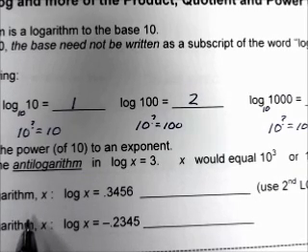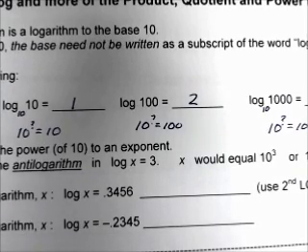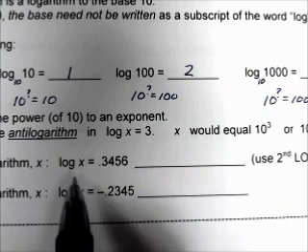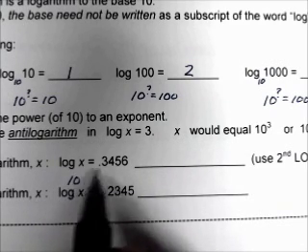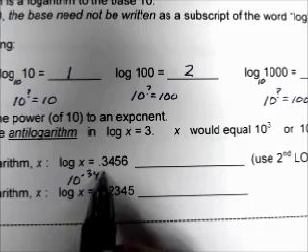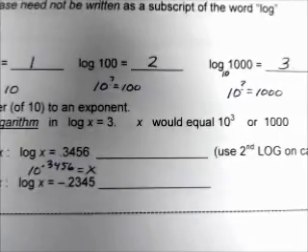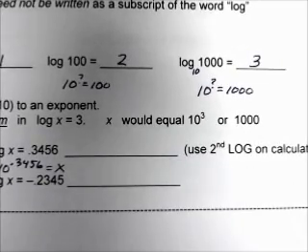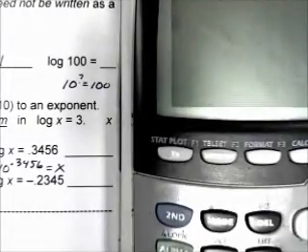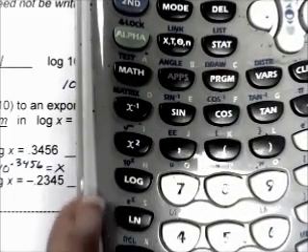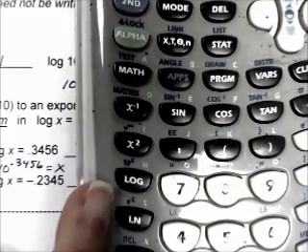Find the anti-logarithm x for log x equals 0.3456. Again, if we want to switch this to exponential form, this would be base 10 to the exponent 0.3456 is equal to x. Now use the calculator. Use second log on the calculator, because just above the log key in blue is 10 to the x, and that's what we're looking for.